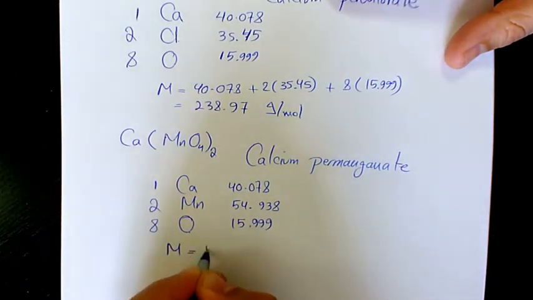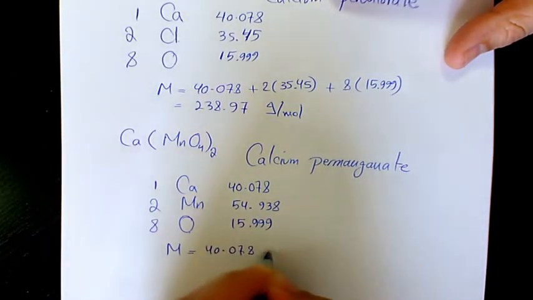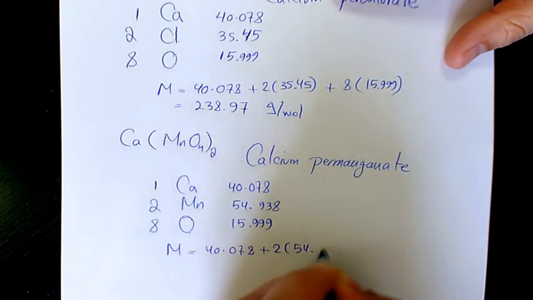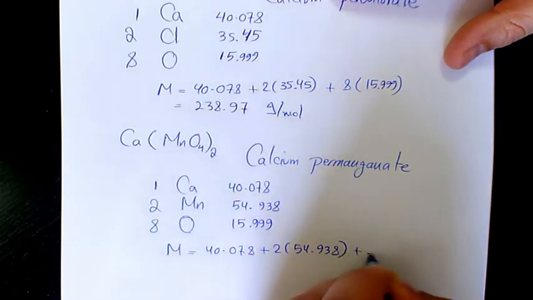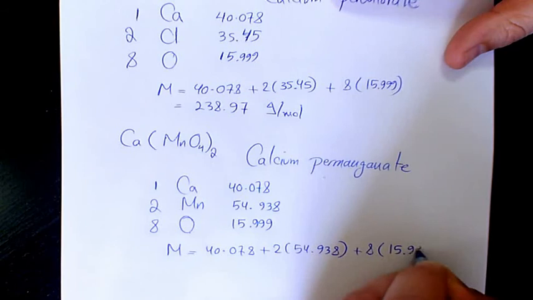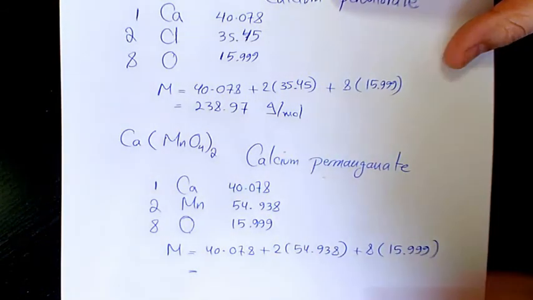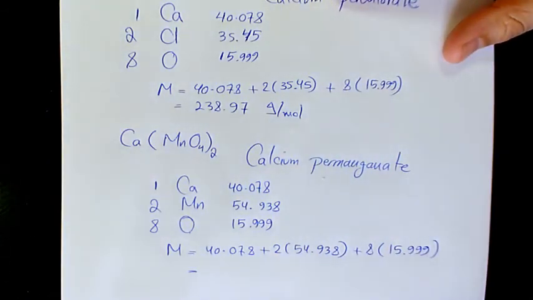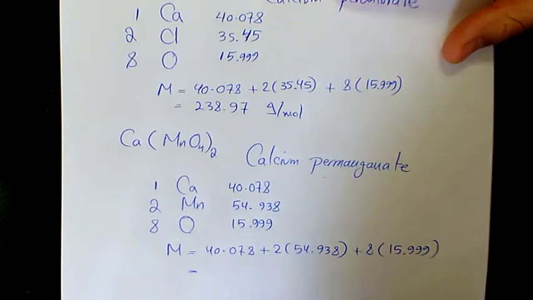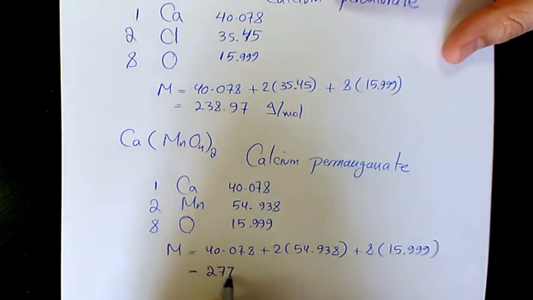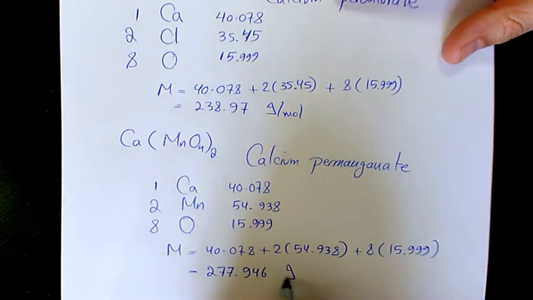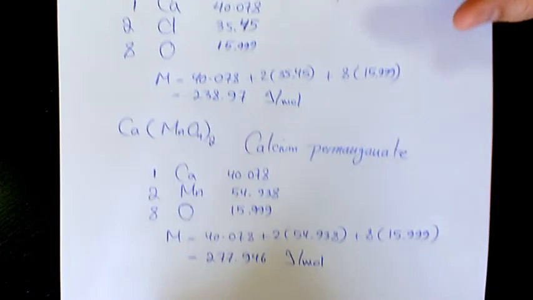So molar mass is 40.078 plus 2 times 54.938 plus 8 times 15.999. That gives 277.946 grams per mole.